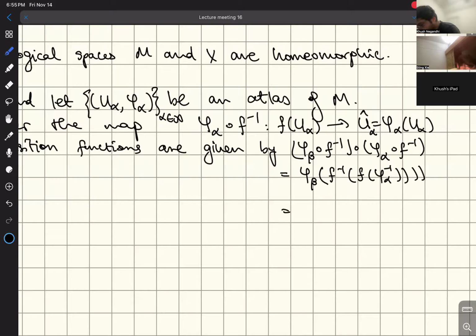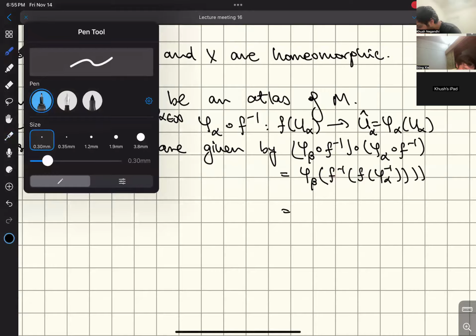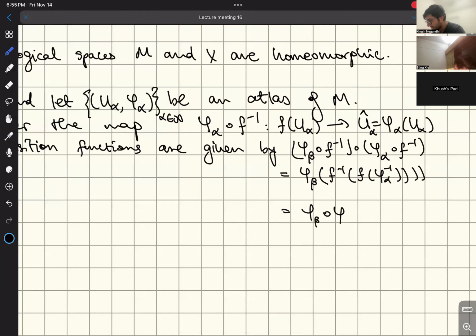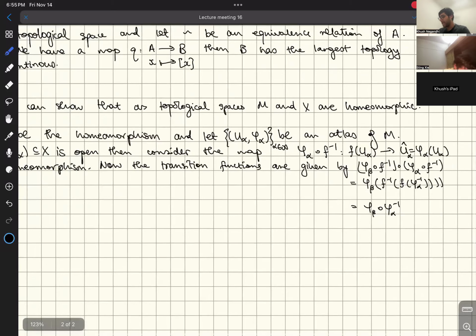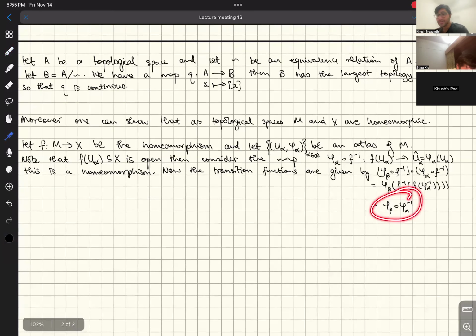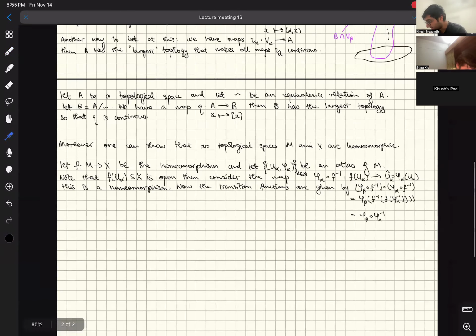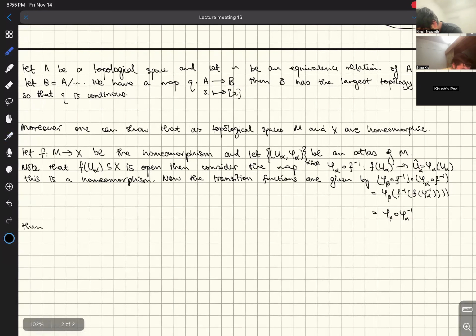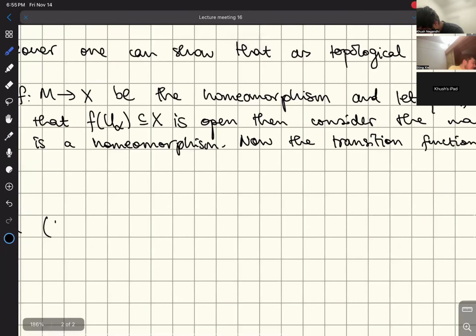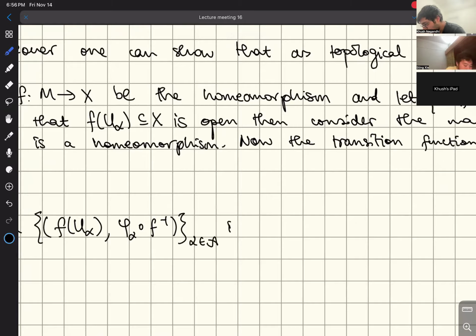So the F inverse and F cancel out, and all you're left with is phi beta composed with phi alpha inverse. But since M was a smooth manifold, you know that these transition functions are also smooth, which then means that your atlas, F of U alpha with phi alpha composed with F inverse, is a smooth atlas for X, right?